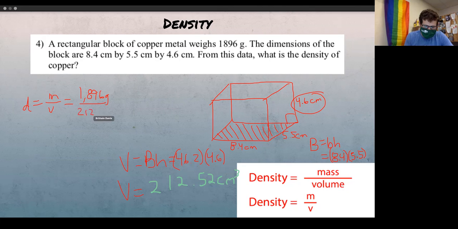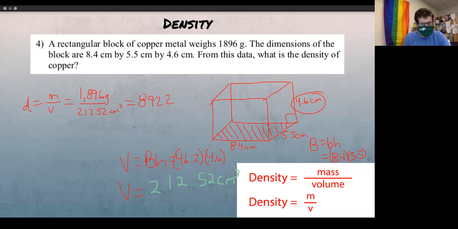So 212.52 cubic centimeters. Now we can plug that into our calculator. 1,896 divided by 212.52, we get 8.922 when we round it off.